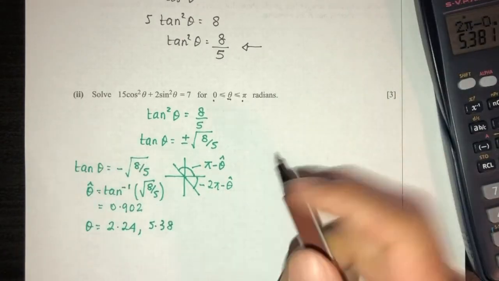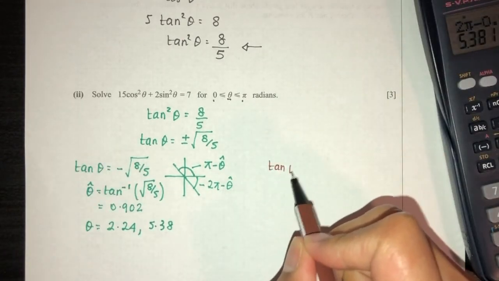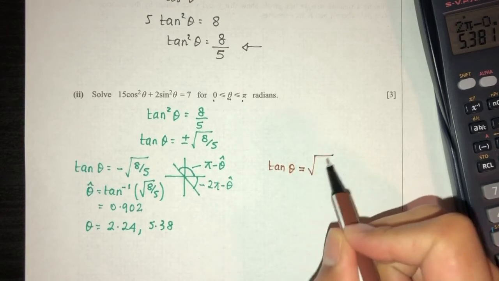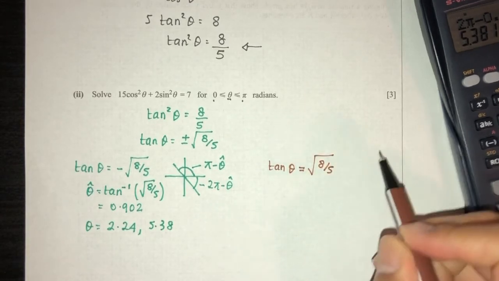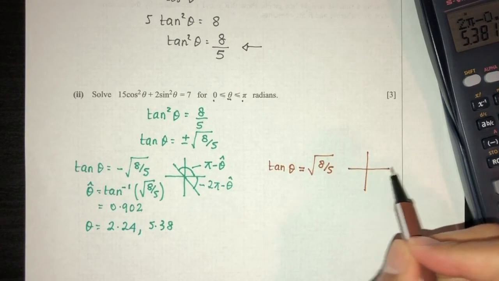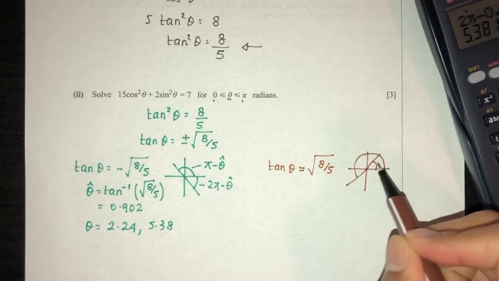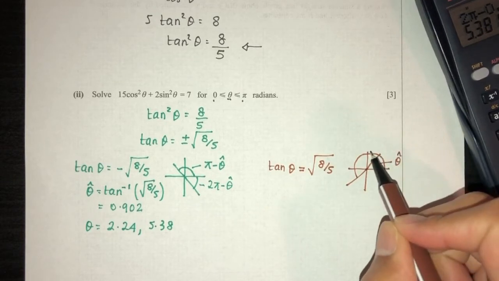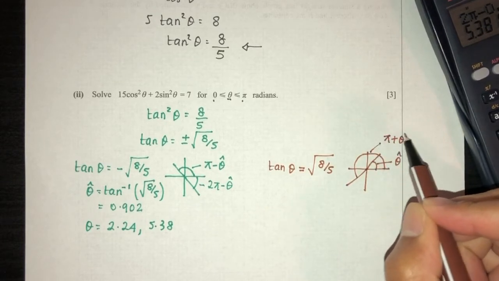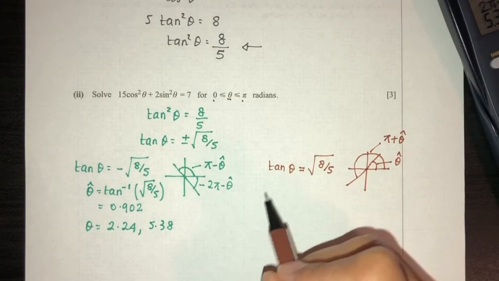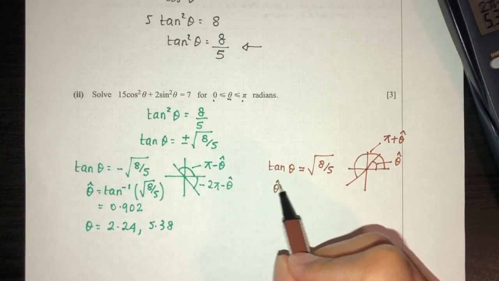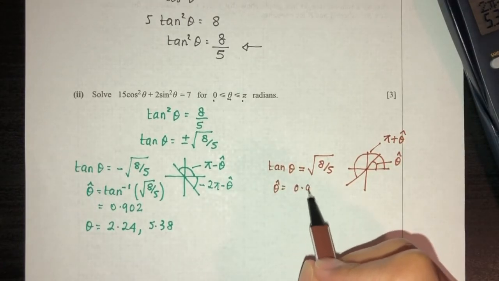Now the other value we can have is tan theta is equal to positive root of 8 over 5. When tan is positive, it has to be in your first quadrant and in your third quadrant. This is your value of this, and this is plus, right? Now as you have seen, this value here is equal to 0.902.